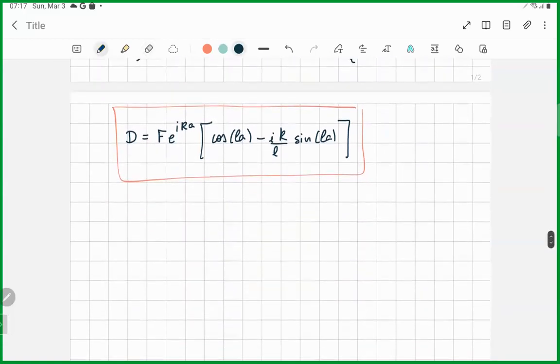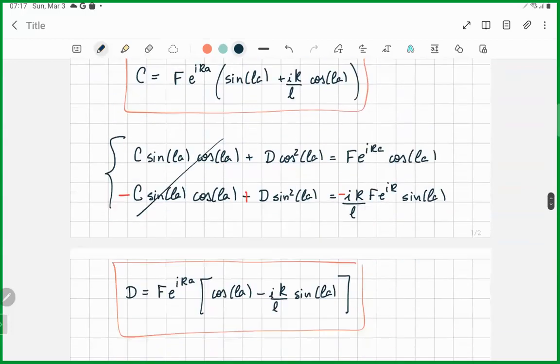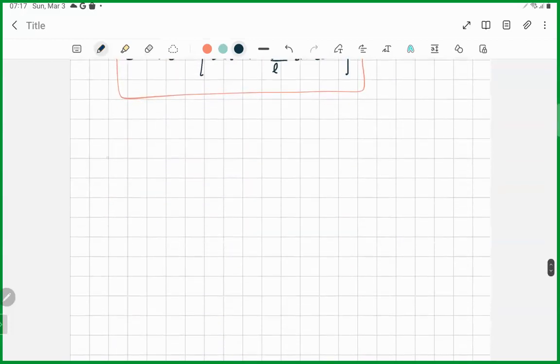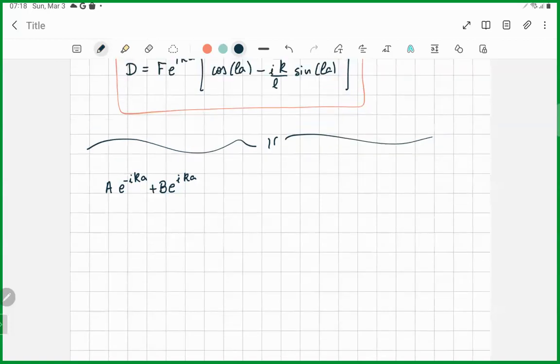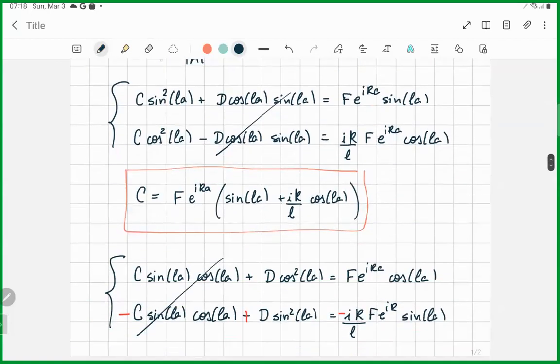So the first equation that we have here is this one. We have A exponential of minus IKA plus B IKA, and now comes the minus C will become this whole thing here.